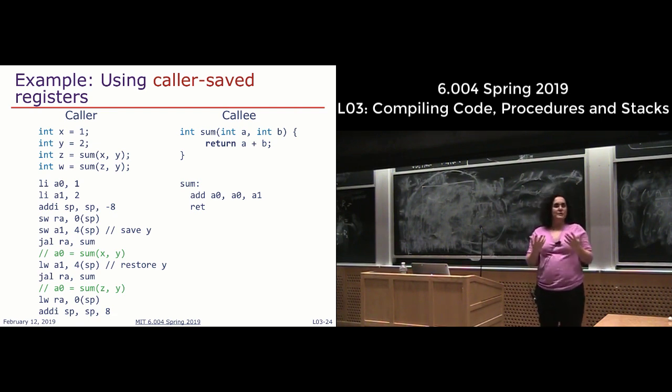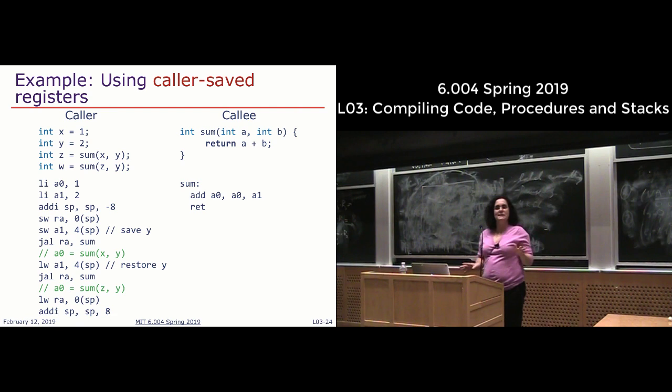And so in order to implement things correctly, I have to store A1 onto my stack, then I call sum. When I return from sum, it may or may not have altered A1, but I'm not going to worry about how sum was implemented because I know that I have the correct value of A1 on my stack.